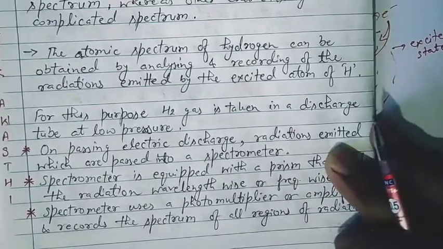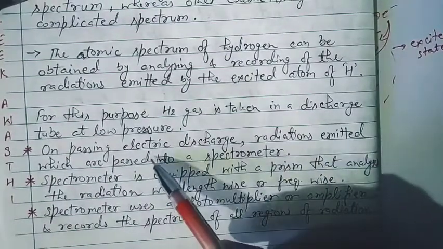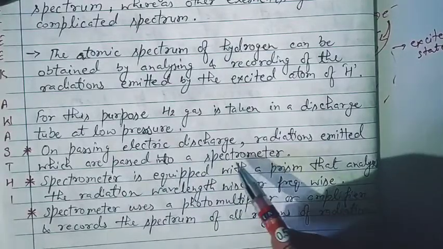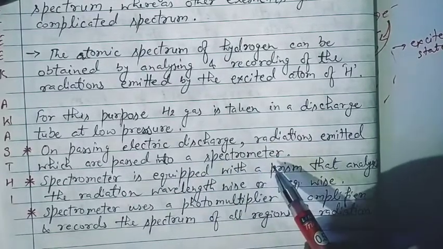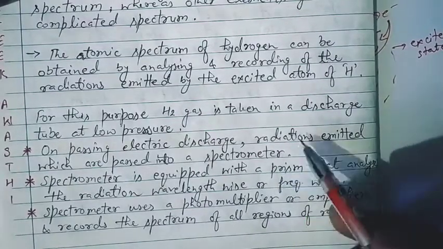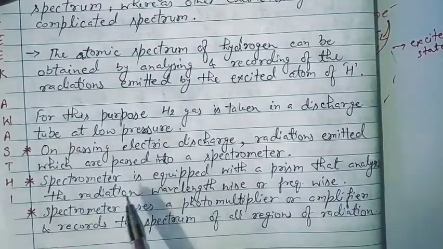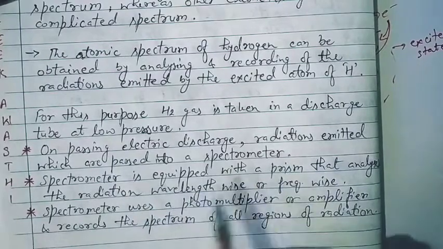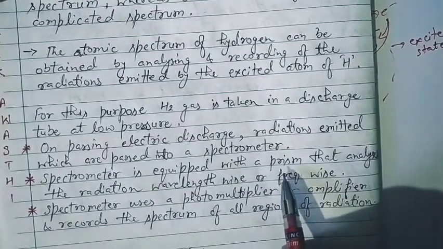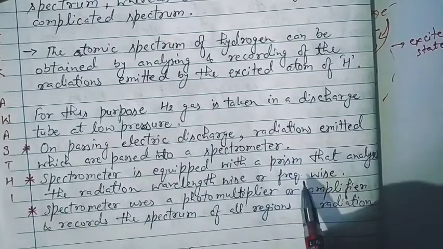I want to clarify all the points again. On passing the discharge, the radiation is emitted and passed through the spectrometer. A spectrometer is a machine which records all the radiations, the spectrum part. It is equipped with a prism which disperses all the radiations according to their wavelength or frequency.